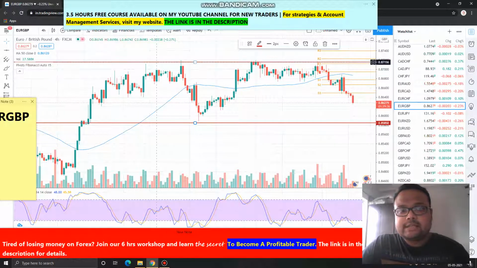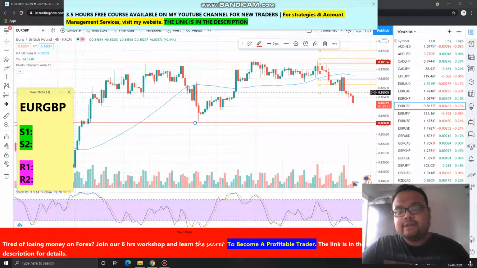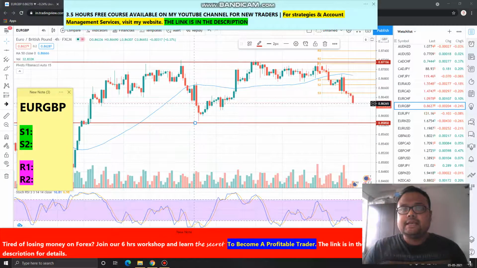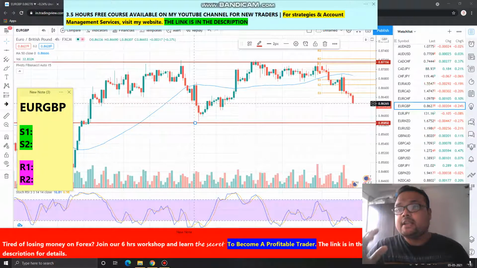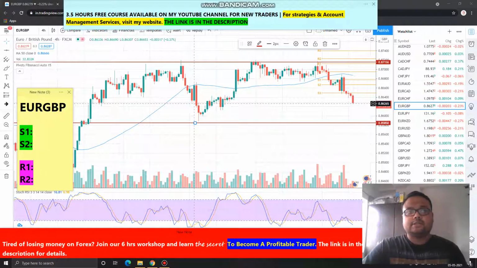So this is the resistance level that we saw in the weekly time frame. In the 4 hours time frame also, we can easily see that whenever market was trying to cross this level, market was facing heavy selling pressure, and market failed each and every time it tried to cross this level.